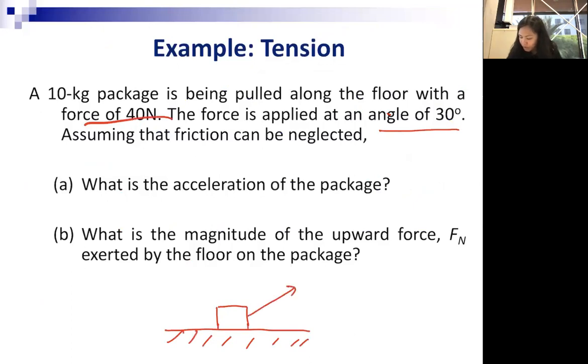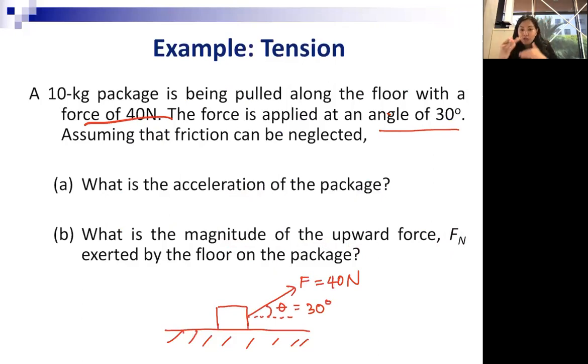So you're pulling on this object with 40 newtons, and you have an angle theta of 30 degrees. In short, you have this diagonal force that's acting on the 10-kilogram package. You want to find the acceleration of the package, and then what's the magnitude of the normal force exerted by the floor on the package.